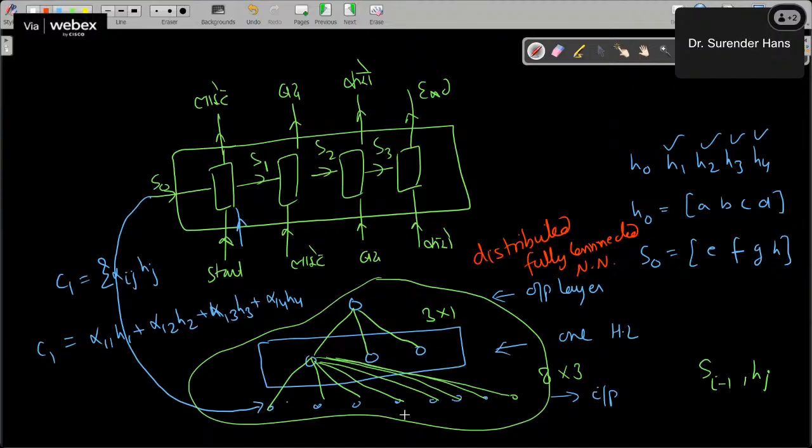Clear? Is there any doubt? Is there any confusion?